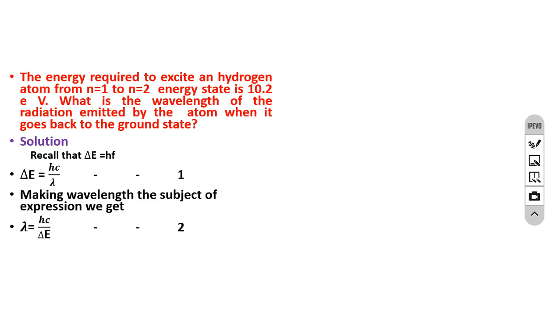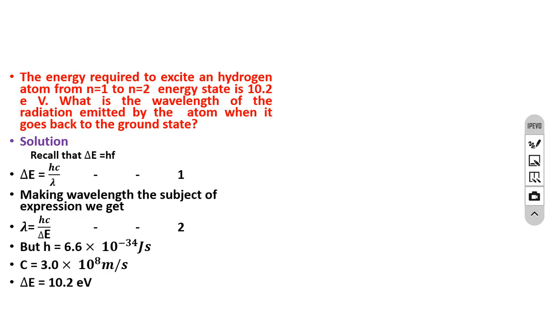When we do that, we have wavelength equals hc over change in E, and the change in E is given as 10.2 electron volts. Of course we know that h is a constant and c is a constant. So this is what we have listed below.